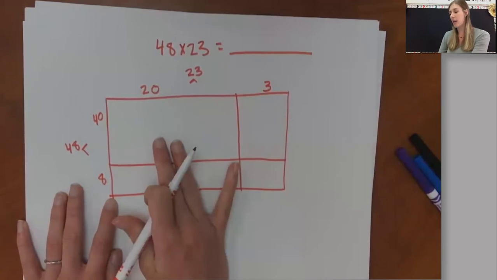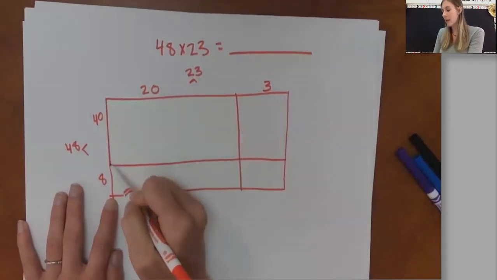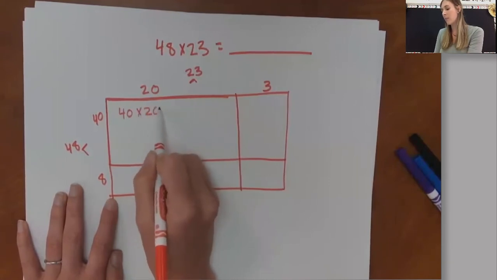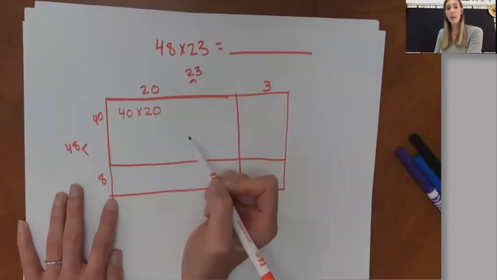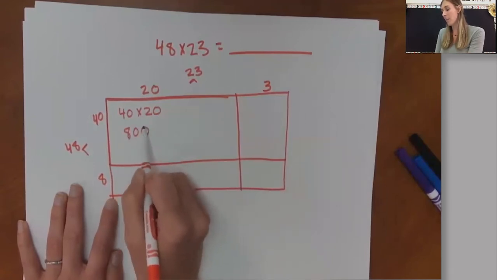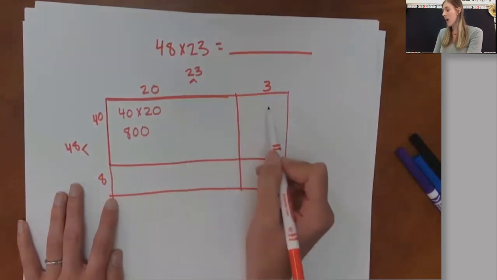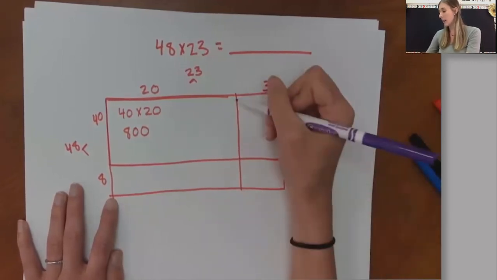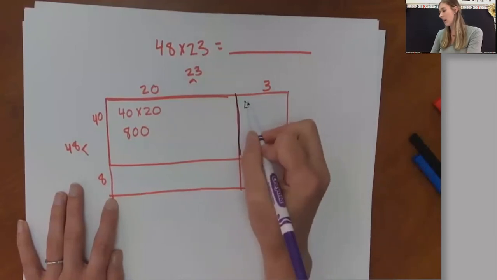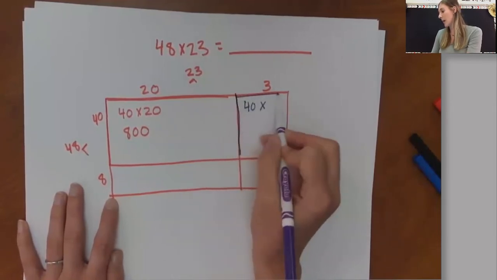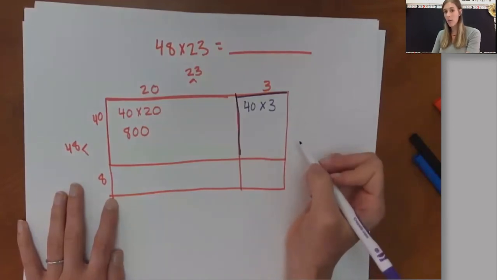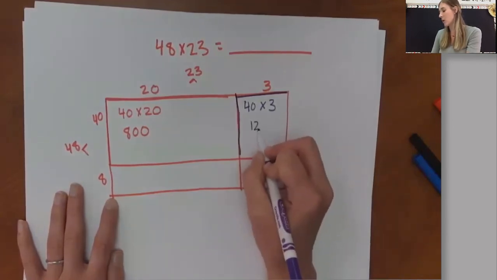So let's start here. We have our length times our width, 40 times 20. 4 times 2 is 8, so 40 times 20 is 800. Our length comes from right here, 40 times our width, 3. 4 times 3 is 12, so 40 times 3 is 120.